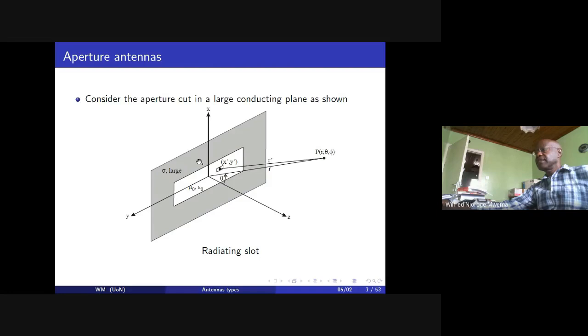And this is oriented in the x direction, and we are trying to look at a field point at a distance r from a small element of surface on the slot itself, okay, where that is the point we are dealing with, and we are looking at the field that will be appearing at that point. So the shaded part is the metal, and the white part is where we have cut out the slot itself.